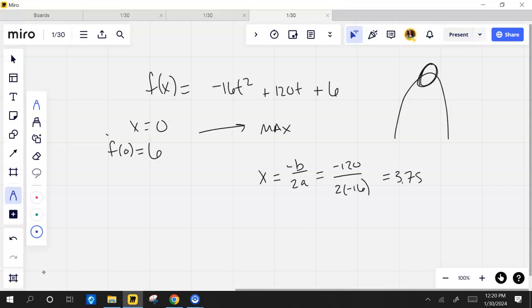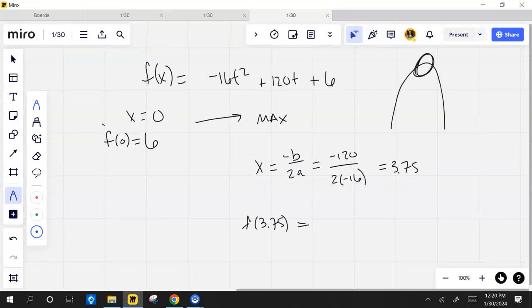You could go second trace and find the maximum. But I've got to plug this back in so that I find the y that goes with it. 3.75 squared plus 120 times 3.75 plus 6. I got 231. Is that what y'all got?